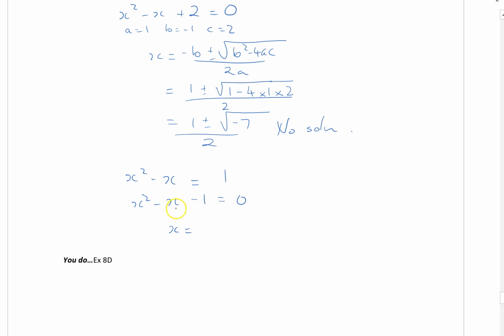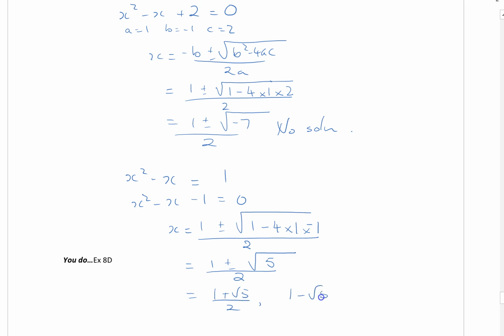So we go to the formula, minus b, which is 1, plus or minus the square root, 1 minus 4 times a times c, that's better, all over 2a. So it's 1 plus or minus the square root of 1 plus 4, which is 5, all over 2. So here's our exact value. Here's the surd we've been expecting, and we write our answers like that.